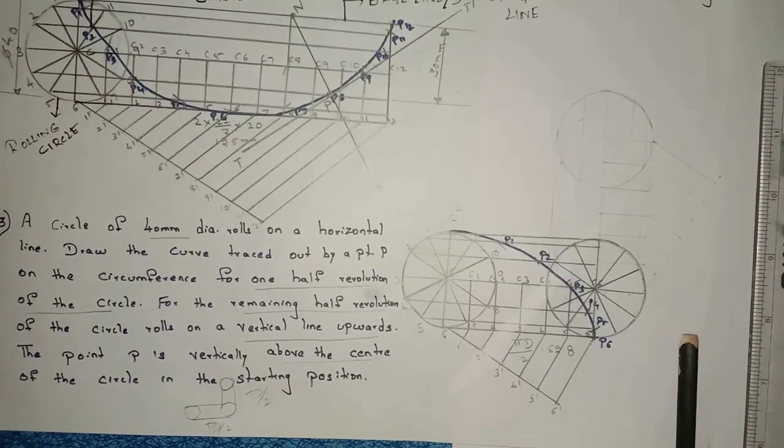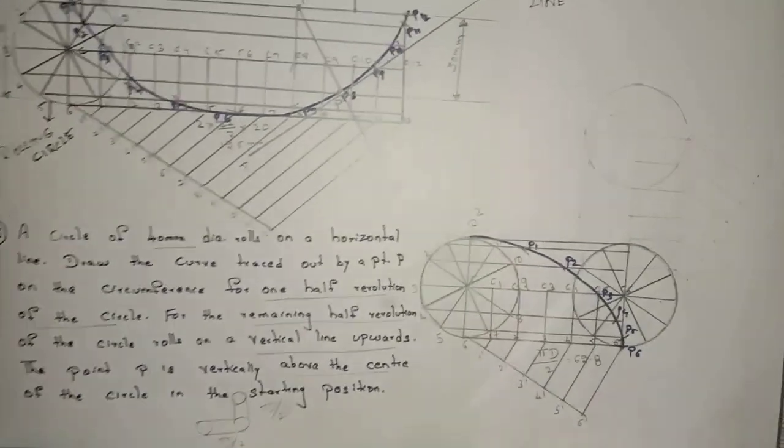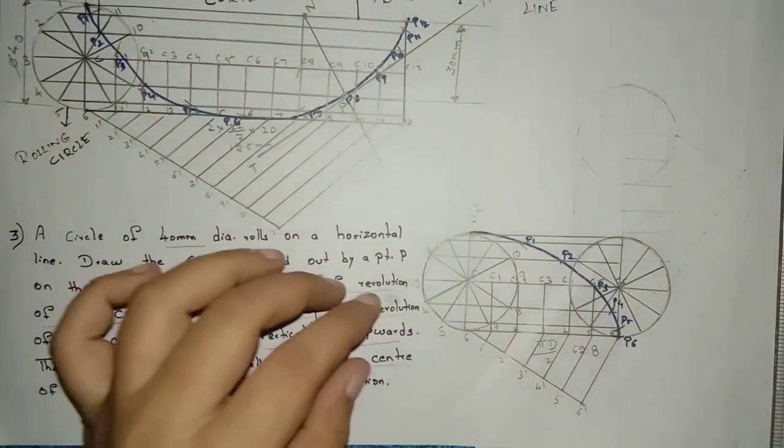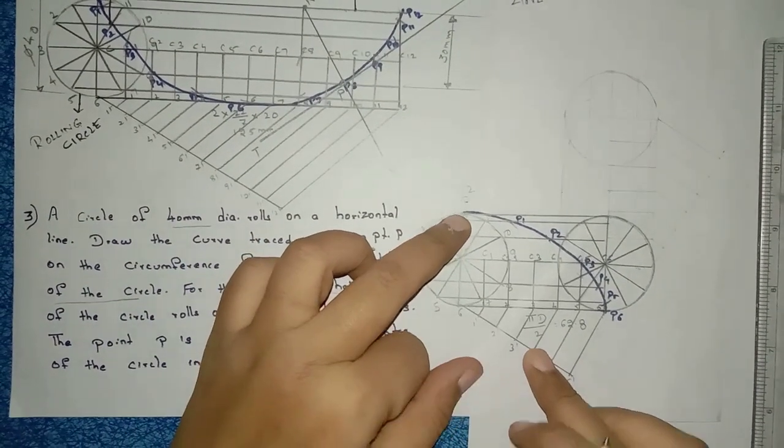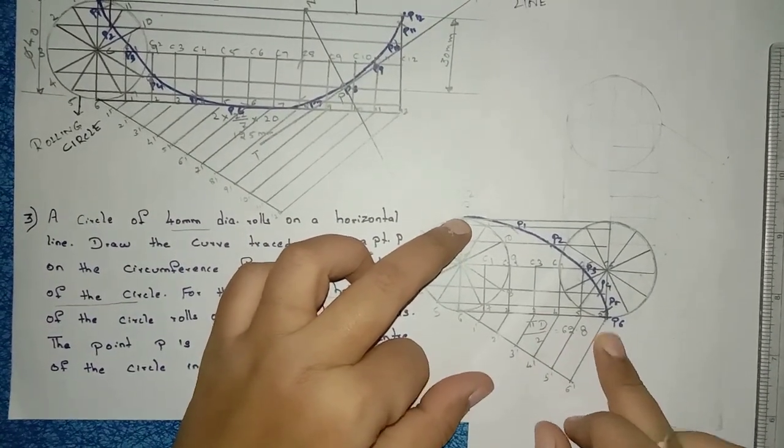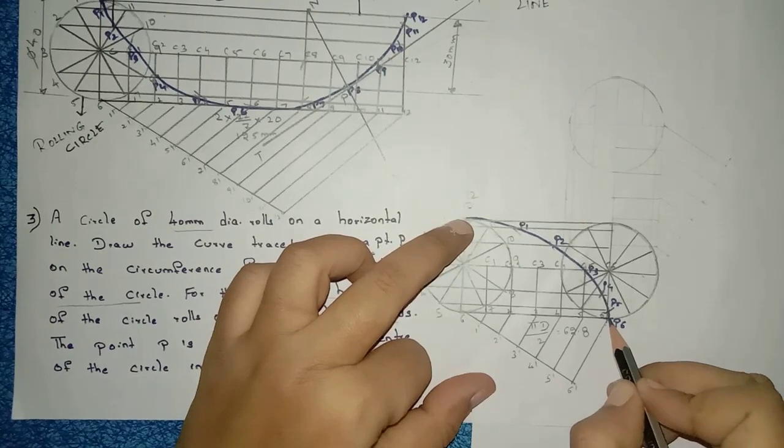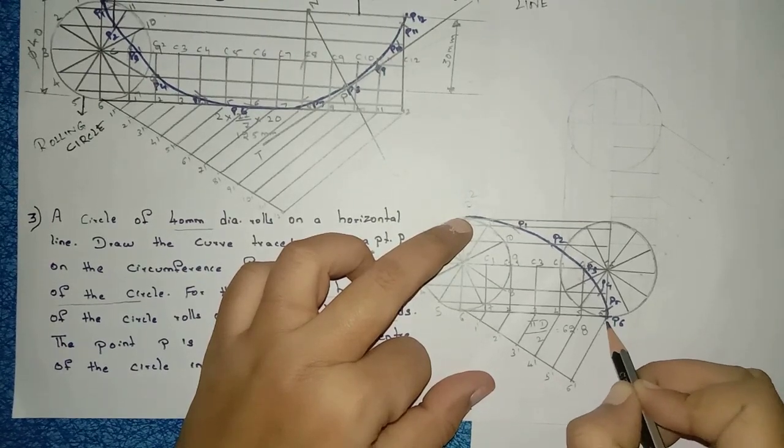Right? Now you see here, after drawing this arc, this is the starting point of the arc, this is the ending point of your arc. Right? So again start with P.